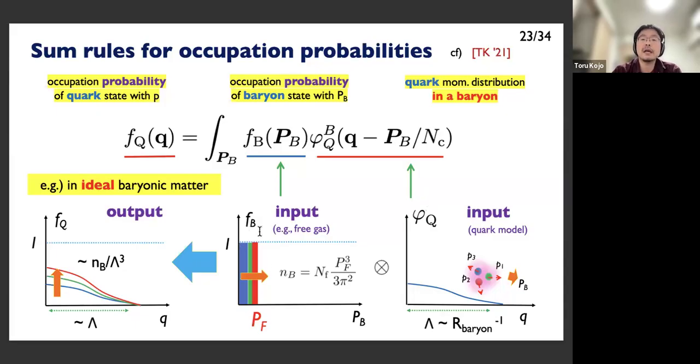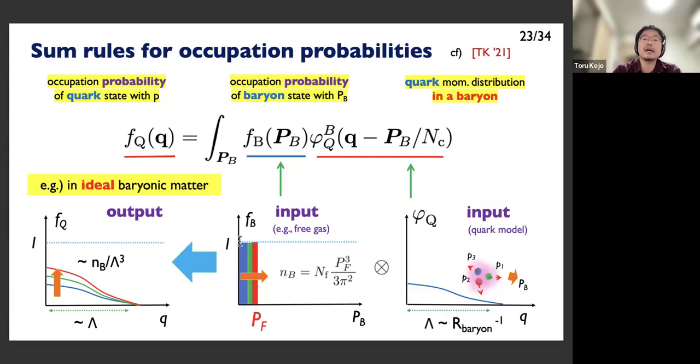So in the case of an ideal baryon gas, baryons occupy states from 0 to the Fermi momentum with probability 1 and make a baryonic Fermi sea. Now we pick up a quark contribution from each baryon one by one, and then by convoluting it, we can extract information about how quark states are occupied in dense matter.